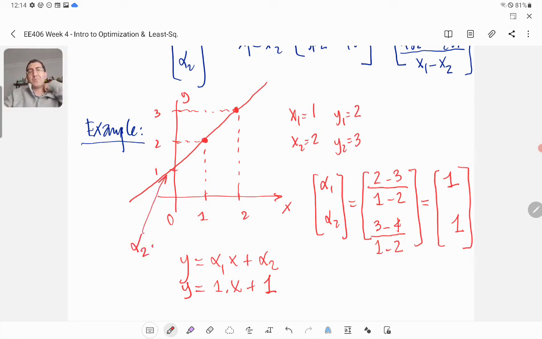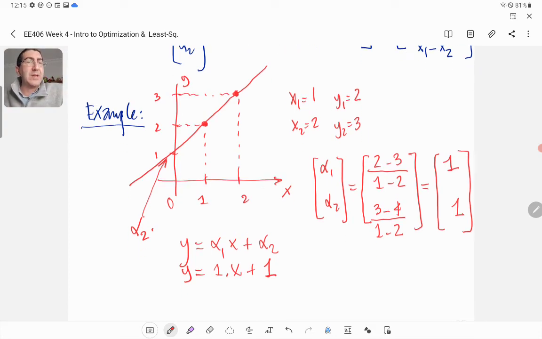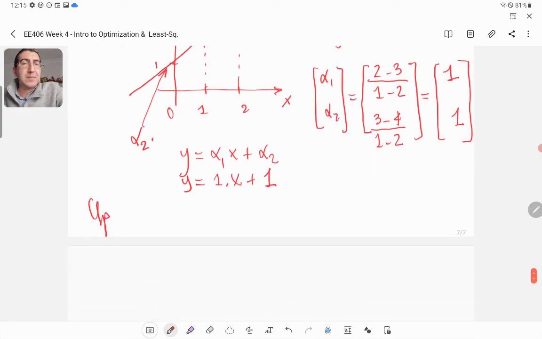Okay, so that's an example of how, when we have the number of data points equal to the number of unknowns, it becomes simply a matrix inversion problem.